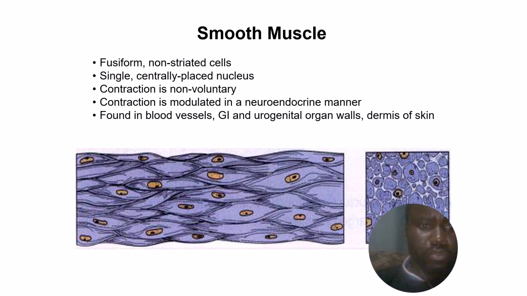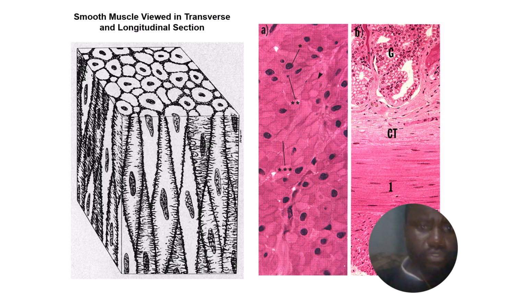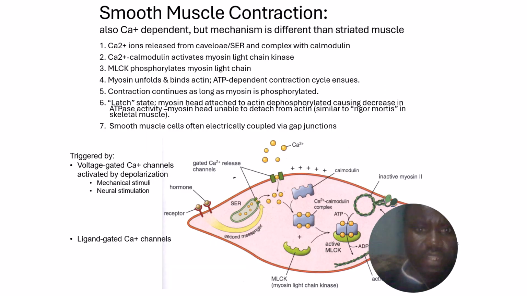You also need to remember that they are found in internal organs, blood vessels, GI and urogenital organs, walls of those organs, and the dermis of the skin.